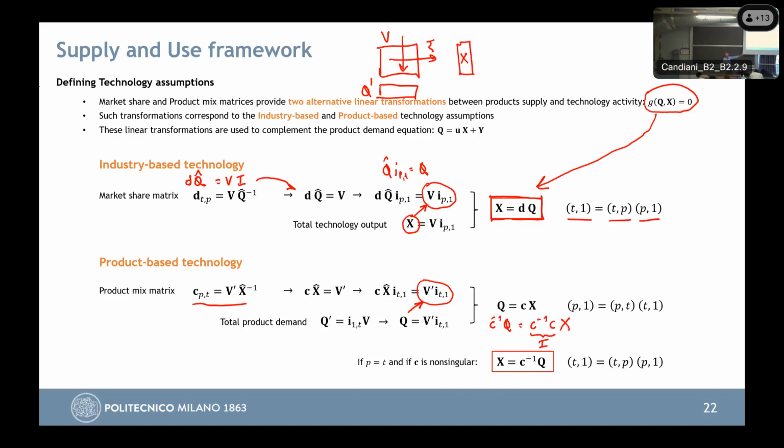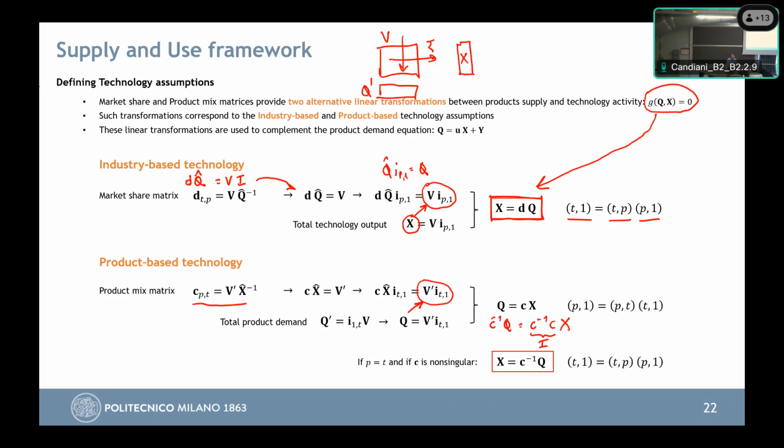Now, here's the thing. Previously I mentioned that it is possible to apply product-based technology only if the number of technologies equals the number of products. So there is at least one technology in my system that is able to provide as primary product the byproducts of the other technologies.